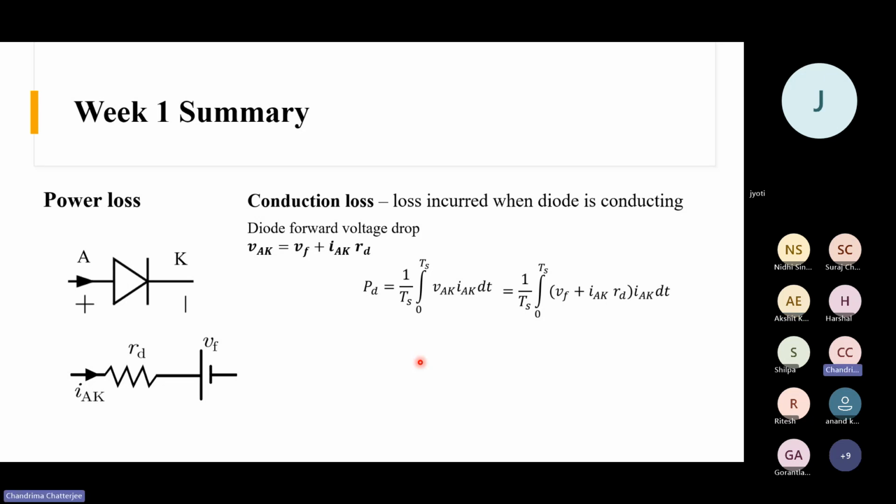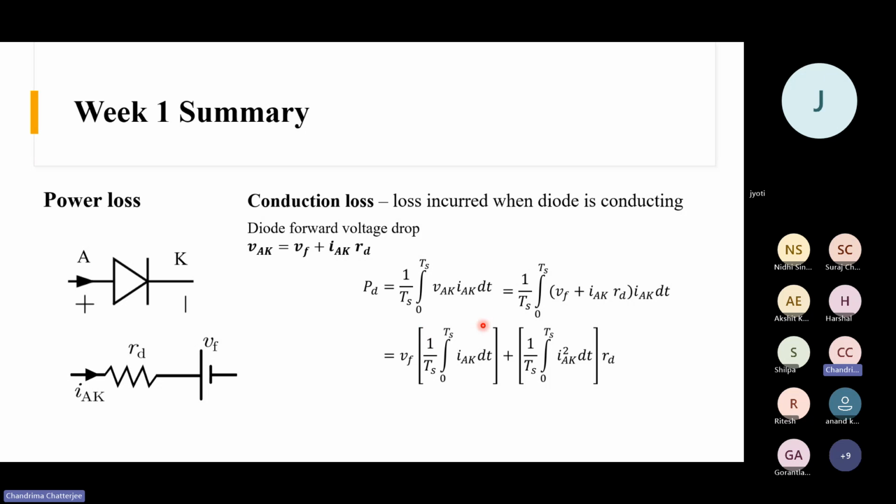The next step: VF is a constant value, a threshold voltage, so we can take it out of the integration. It comes out to be 1 by Ts, integration of IAK dt, and then IAK squared dt over 1 by Ts, and RD is also there.